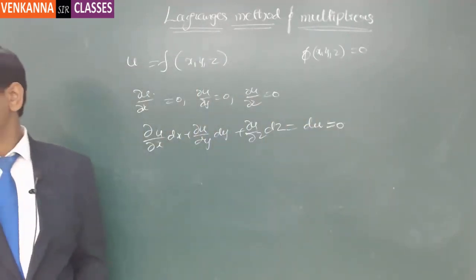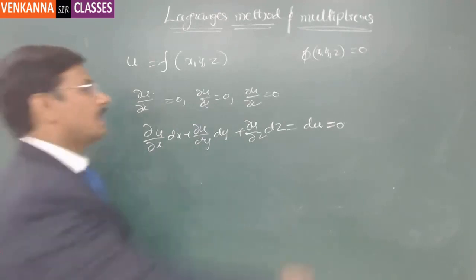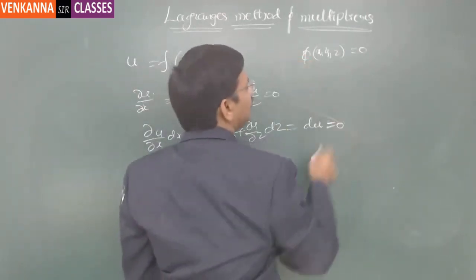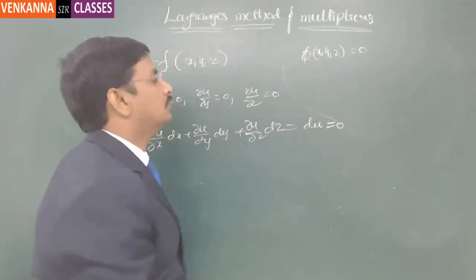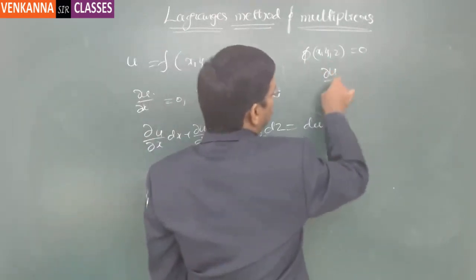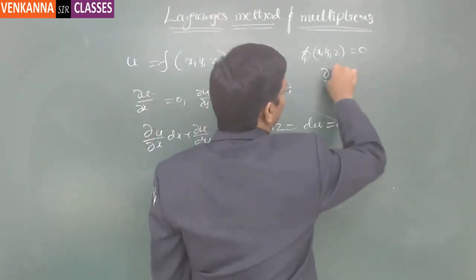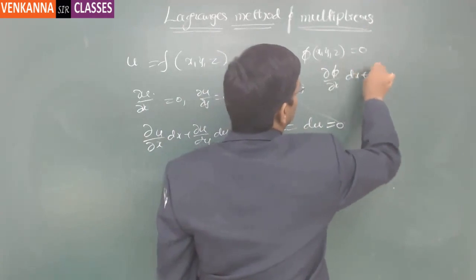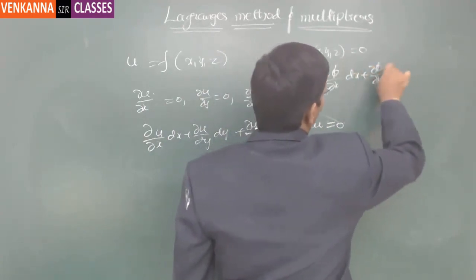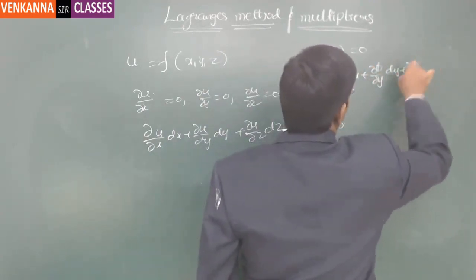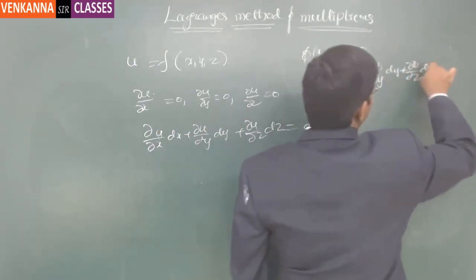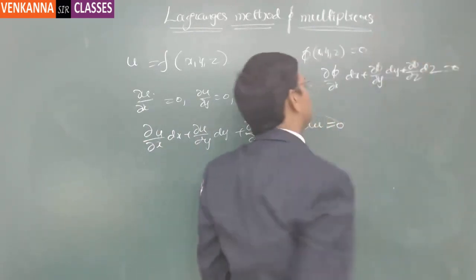Got it? And then in exactly the similar manner, for the constraint function, apply the partial derivative. So this is dou phi by dou x into dx plus dou phi by dou y into dy plus dou phi by dou z into dz is equal to 0, because the right hand side is anyway 0.